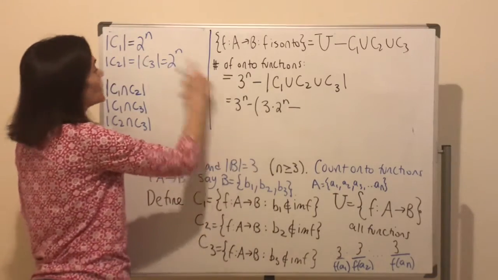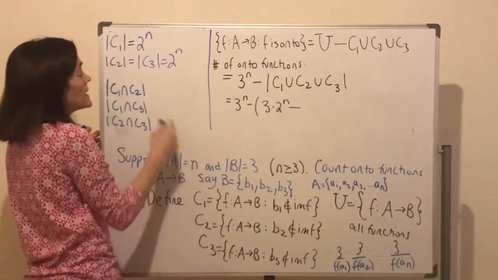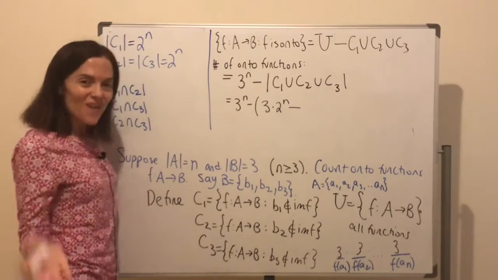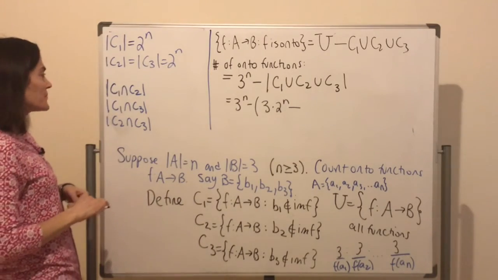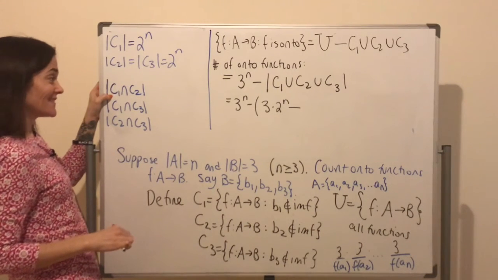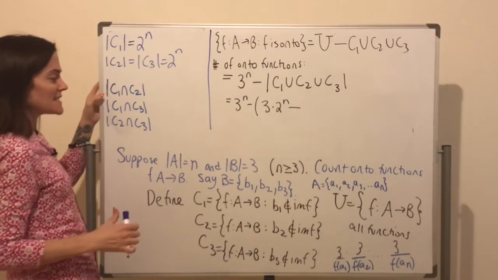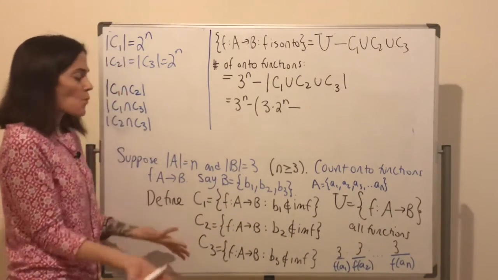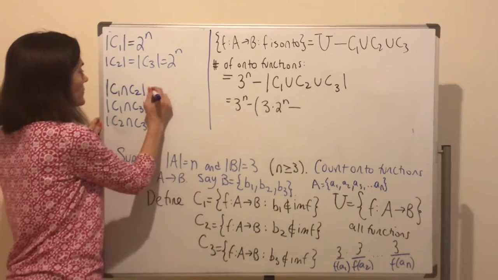I add up these, then I subtract these, and then at the very end, I add back the intersection of all 3. Well, here, C1 intersects C2 says B1 and B2 are both not in the image. Well, there's only one function like this.